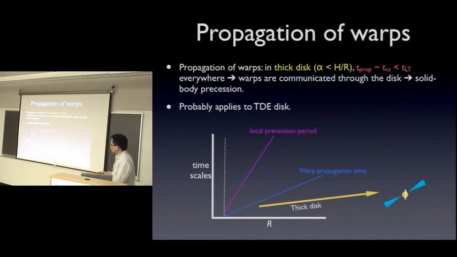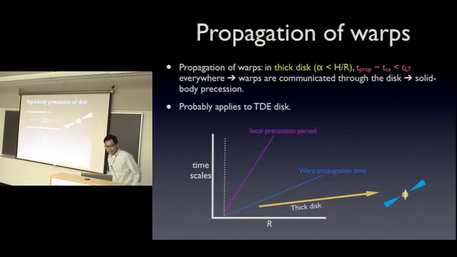Then it acts as a transfer of torque due to the Lense-Thirring effect at the inner edge of the disk. So the torque is going to be transferred to the outer region of the disk. So the disk feels the torque as a single body. Then solid body precession can be possible.